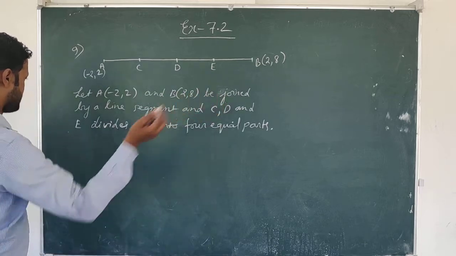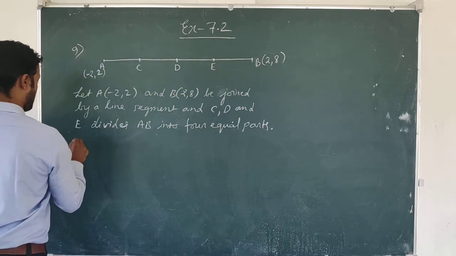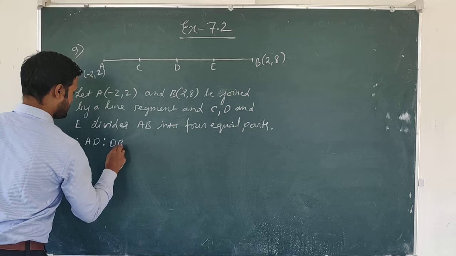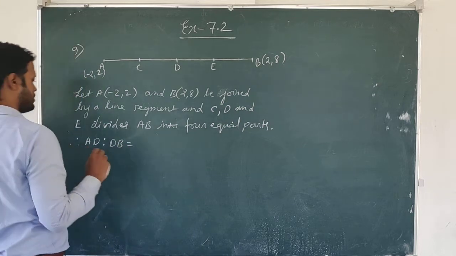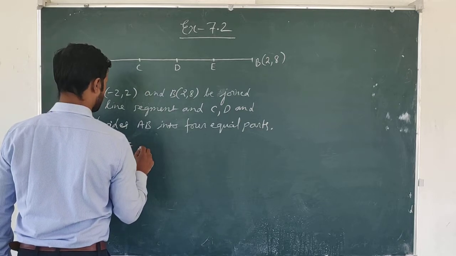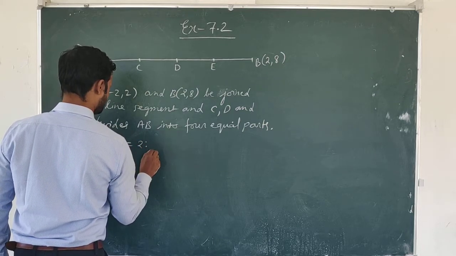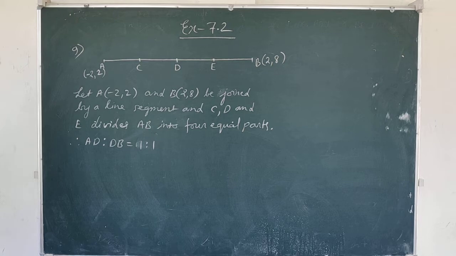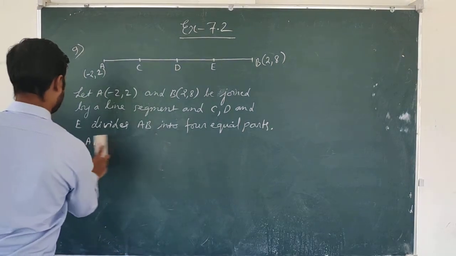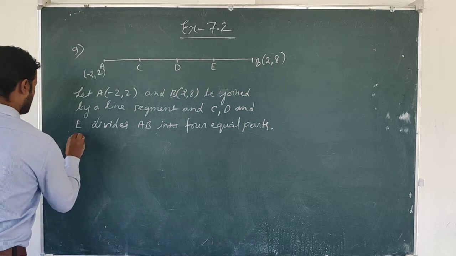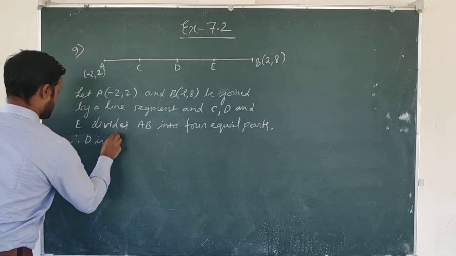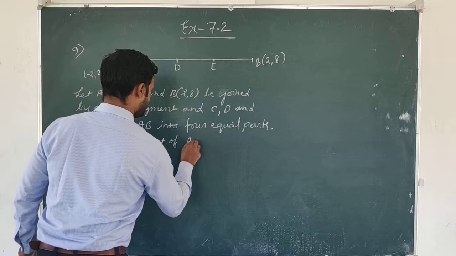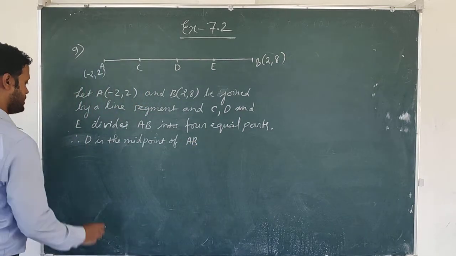So therefore students, AD is to BD is equal to 1:1, so D is the midpoint of AB, isn't it?